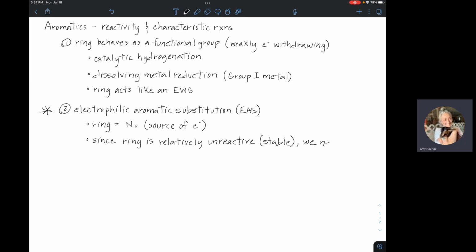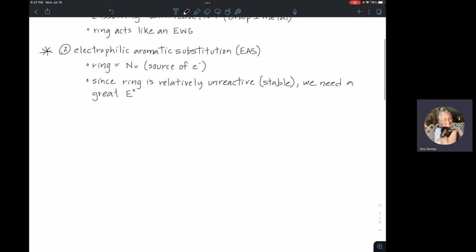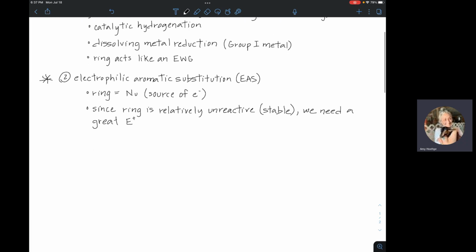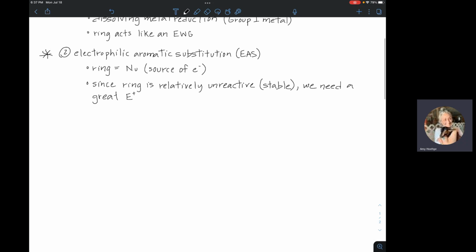We need a great electrophile. We'll abbreviate that E plus. And I will use E plus just to keep things short and sweet while we're going through these reactions. So let's just jump into the first category so that we can spend more time on our celebrity reaction, the electrophilic aromatic substitution. So let's just get these reductions out of the way.